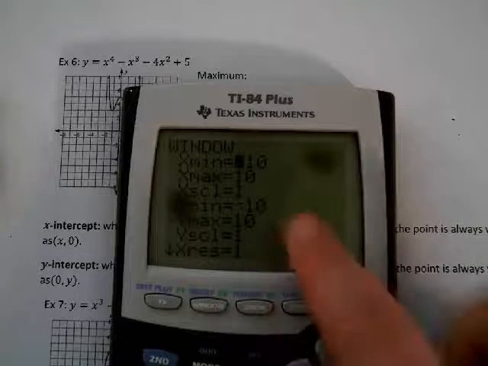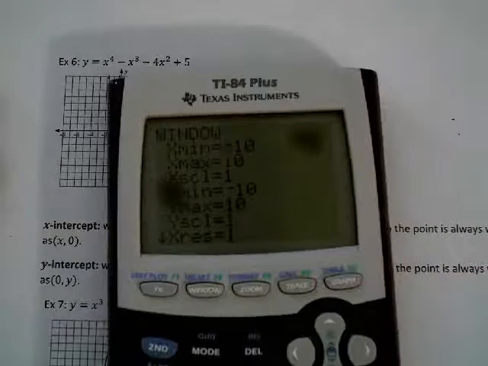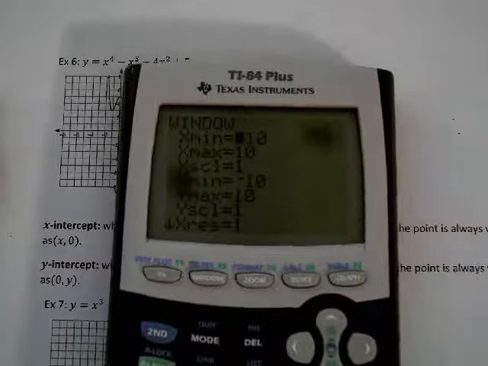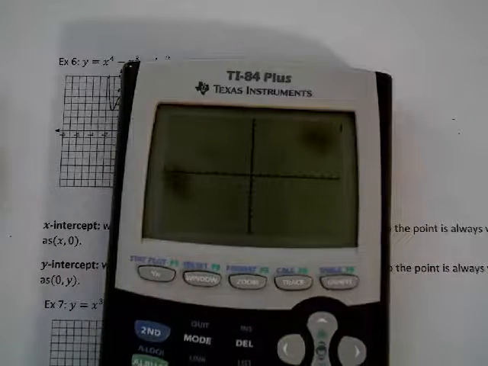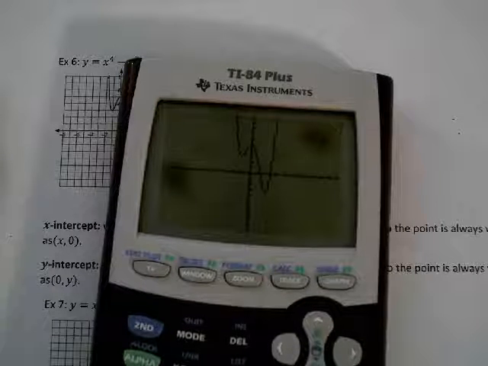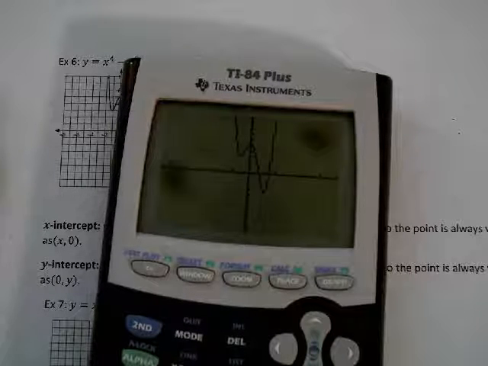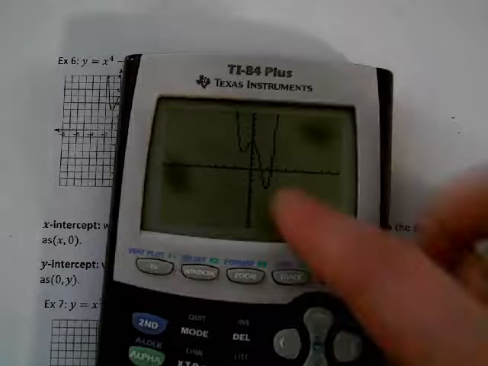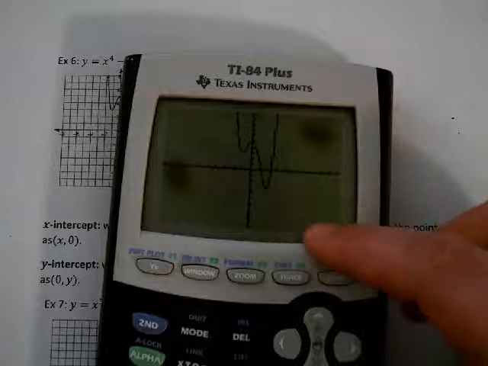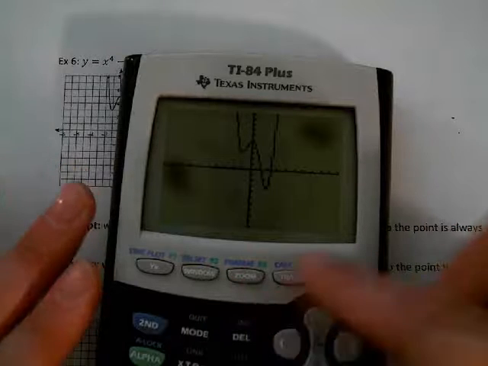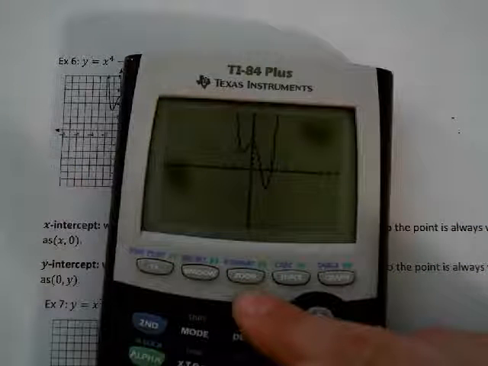And then that's what your window should look like. That's a normal window. It's about the same as the window that we have for this example problem. Looks like this. If you are working on a problem today and you feel like the graph is just a little bit small, you can't see it quite as well as you want to, I am not a fan of the zoom function on the calculators.